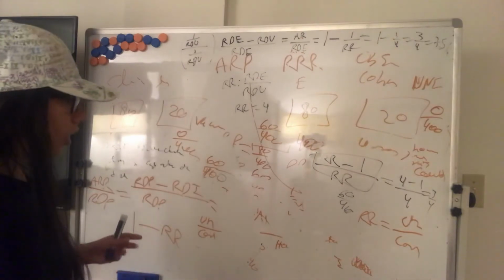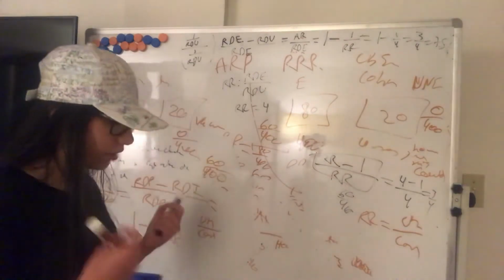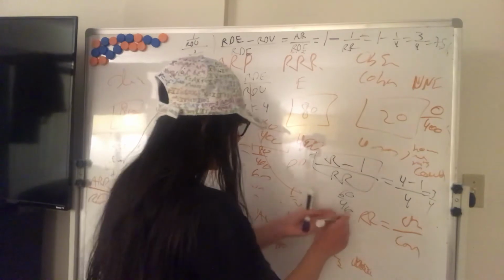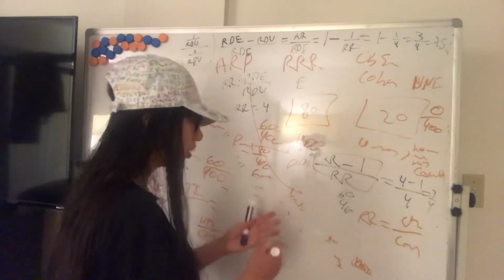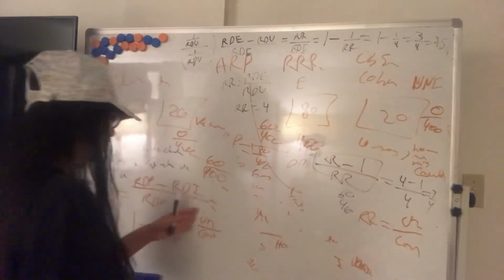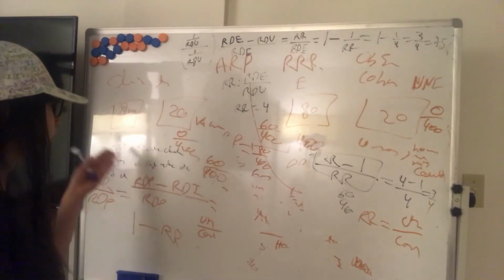So in a sense, they're the same mechanism of thinking, but the relative risk is different, because here by antonomasia, when we just say relative risk, it means exposed over unexposed, and here relative risk means intervened over non-intervened.